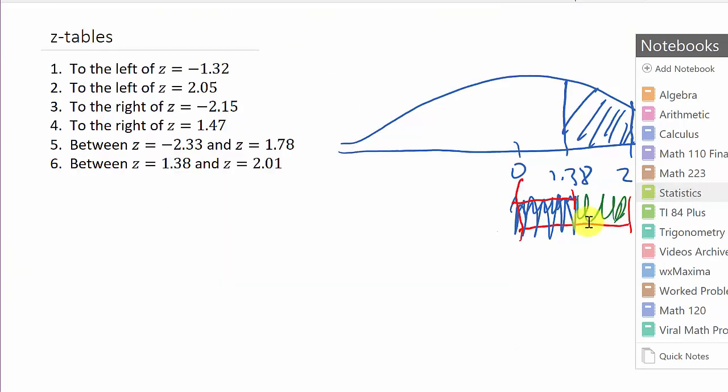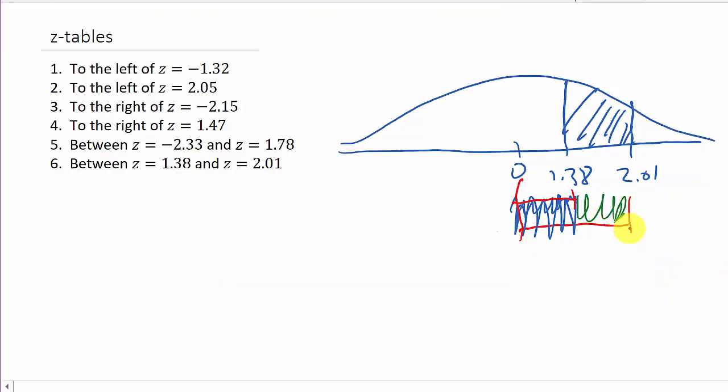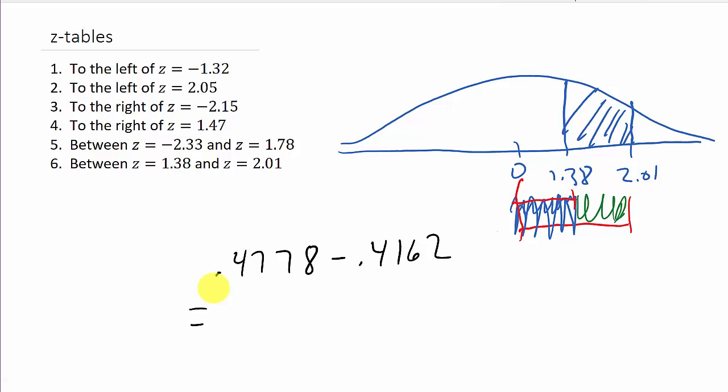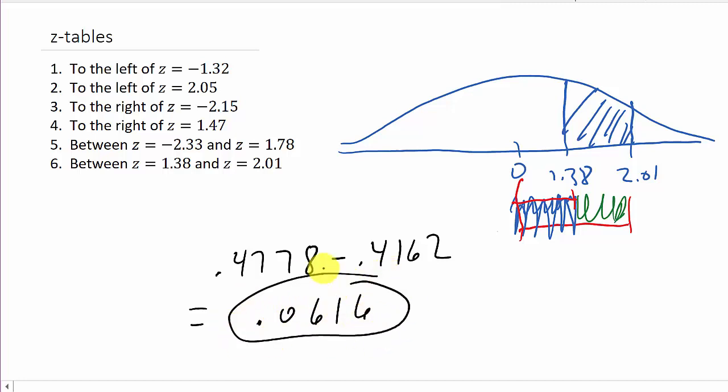Now we've got this larger area, 0.4778, minus this smaller area here, 0.4162. Subtracting, we get 0.0616, and there's your answer.